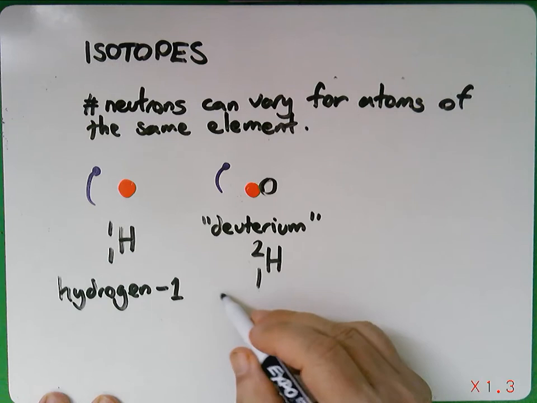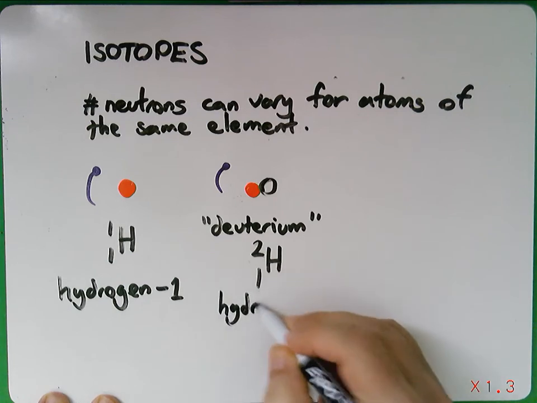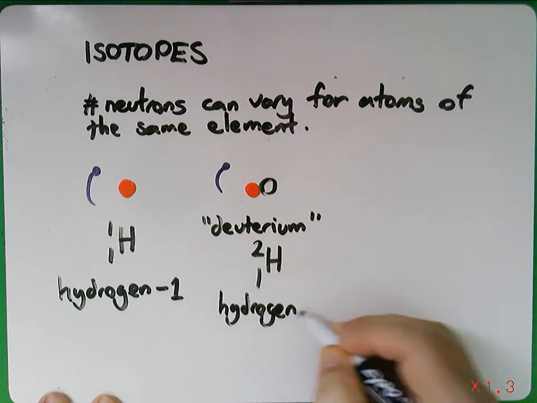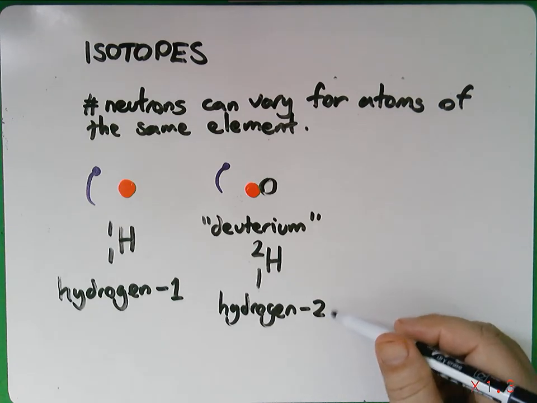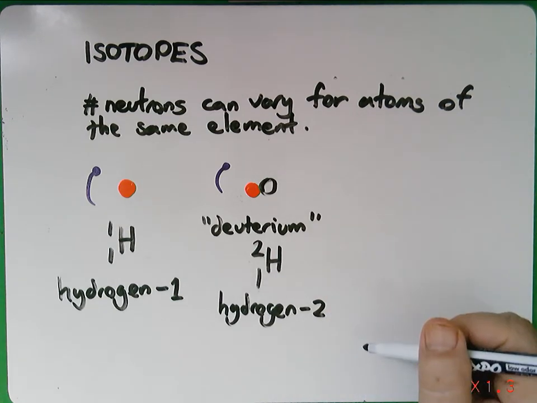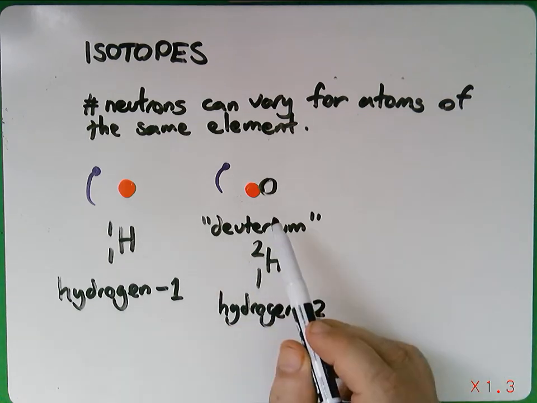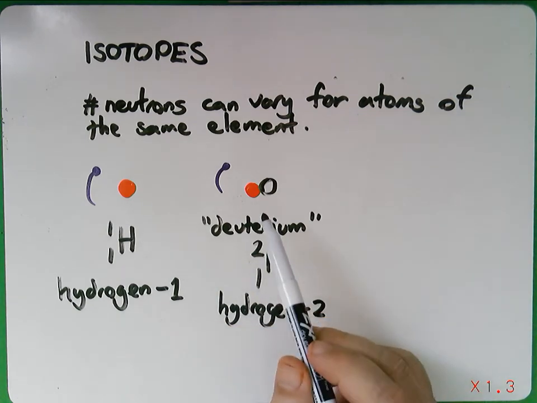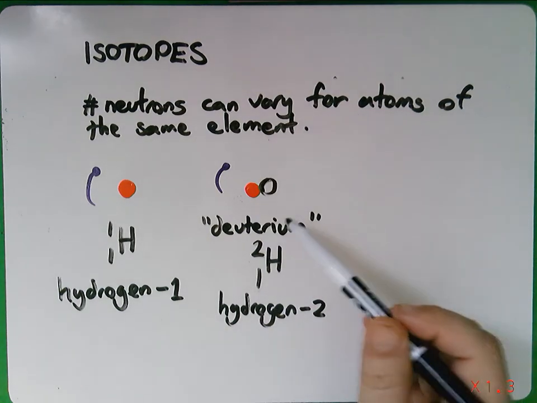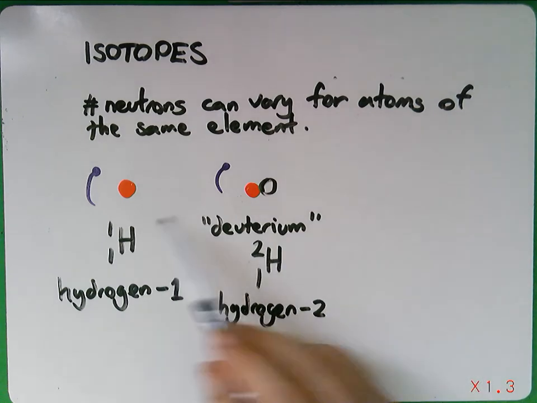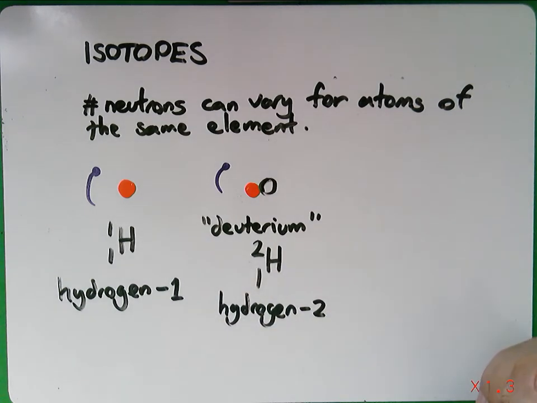And then you'd call it hydrogen 2, because you have to use the mass number here in the name. So that's hydrogen 2. Now when you have multiple forms of the same element, and the thing that's different about them is how many neutrons you've got in the nucleus, you call those isotopes. These are 2 isotopes of hydrogen, you can say.